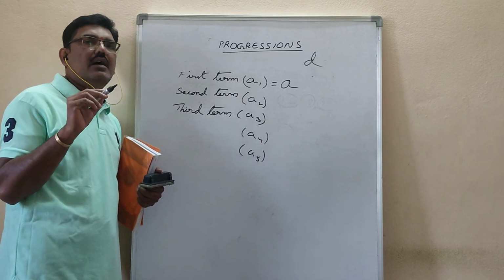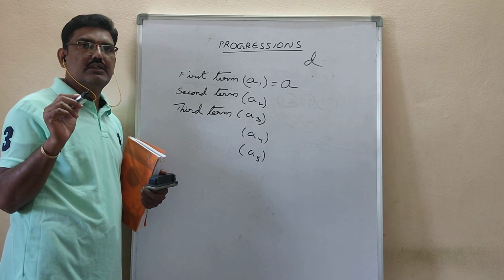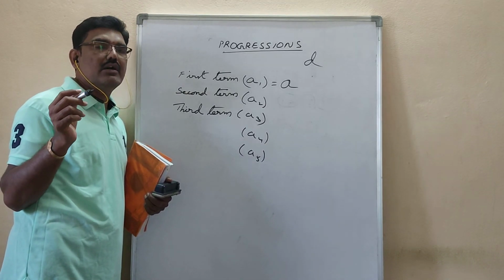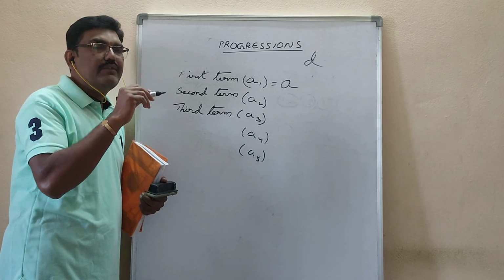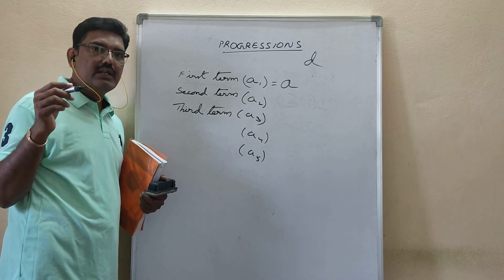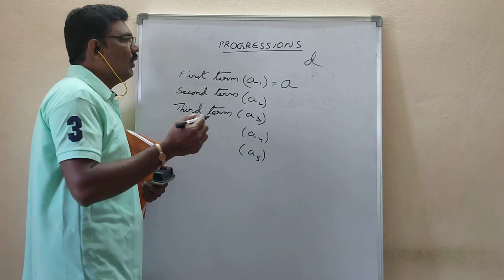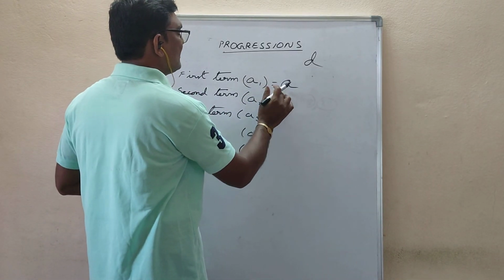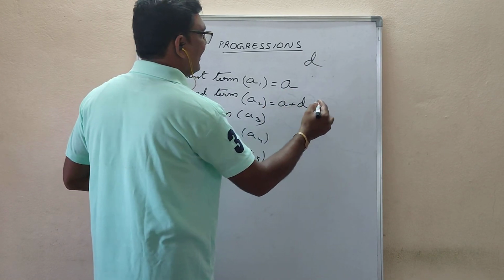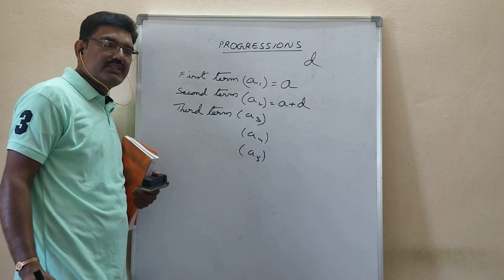D full form is difference, so that is also called common difference, because the difference should be the same to make it an arithmetic progression. Now for the first term, if I add d, it becomes a plus d.